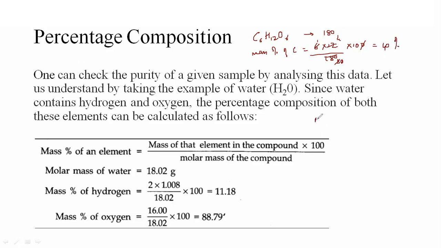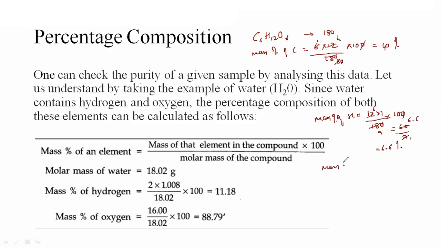Then the mass percent of hydrogen: 12 into 1 divided by 180 into 100. So 60 by 9 comes out to be 6.66% or so.